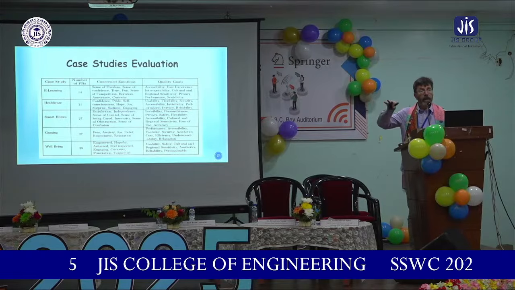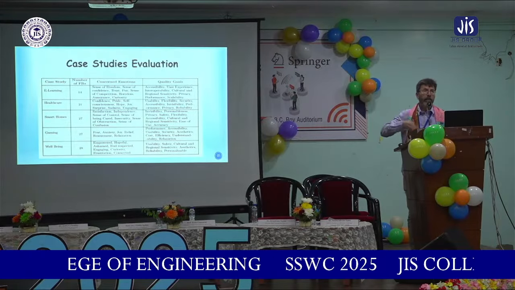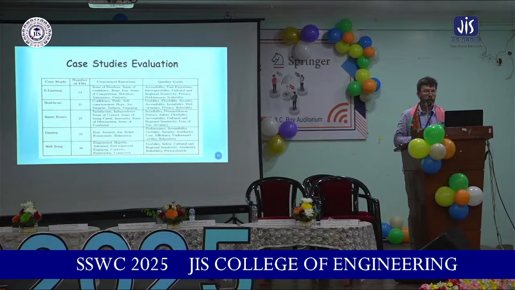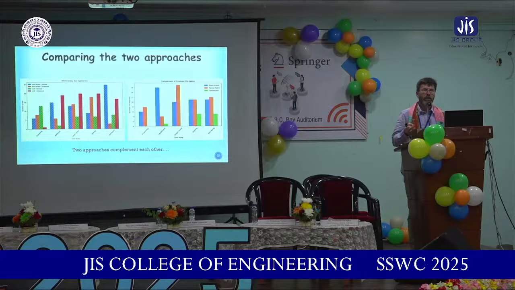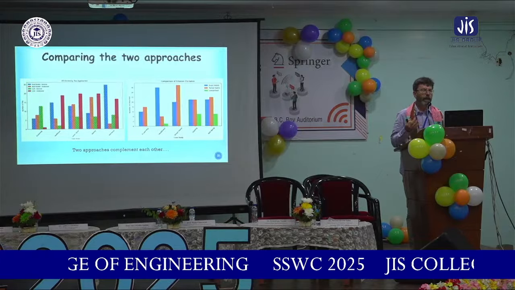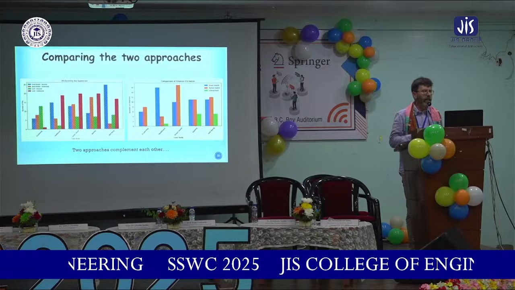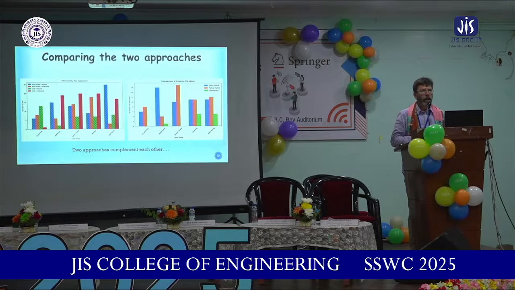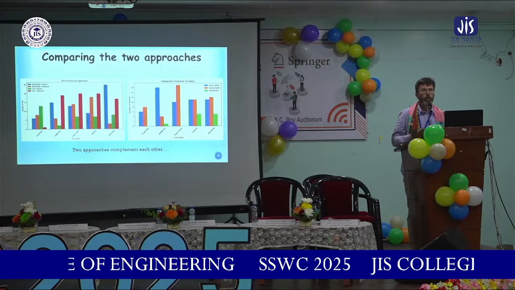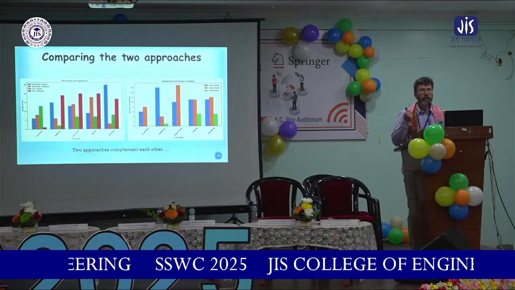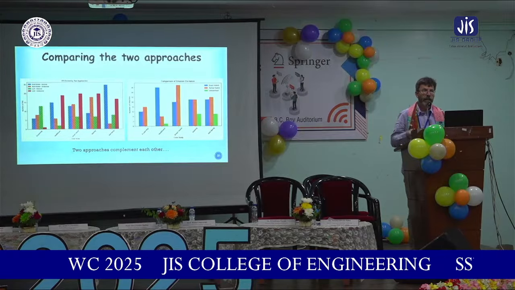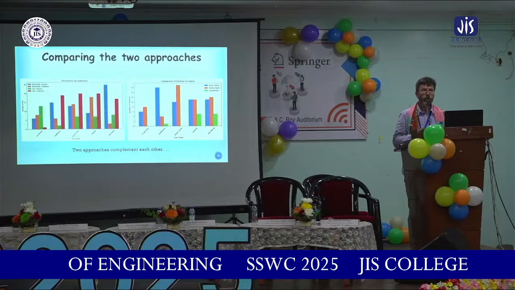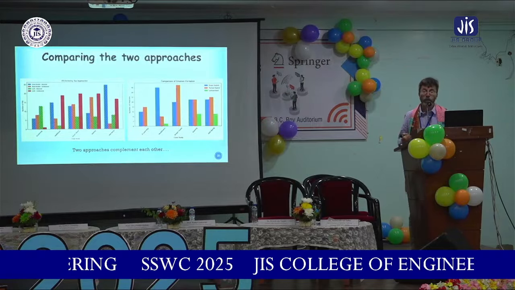While in the second approach, it is done automatically through generative AI. But when comparing the two approaches, what do we get? The two approaches are complementary. The advantage of the second approach is that it can categorize the emotions with respect to different clusters of users, while with the first approach we cannot do that.